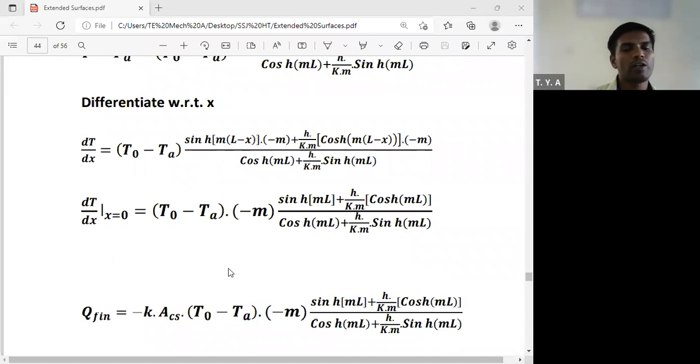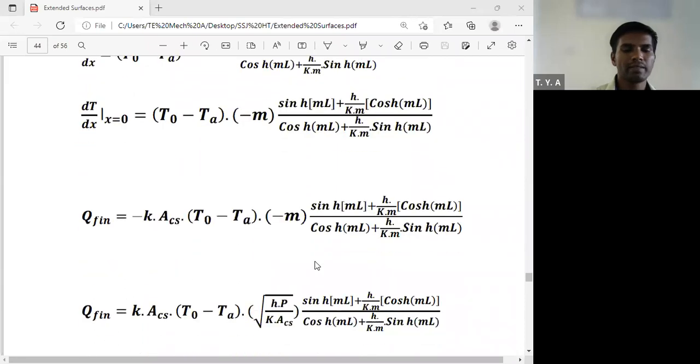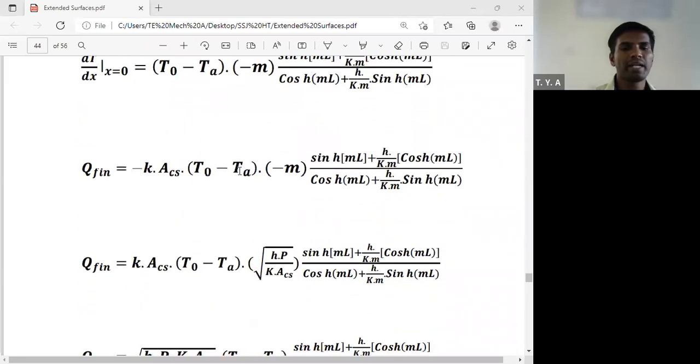Okay, so what is the value of m? What is the value of m? Square root of p into h divided by k into cross section area. Put that value. The minus and minus will become plus, since minus k is there and minus m is there. So put the value of m. That is square root of h into p divided by k into cross section area.